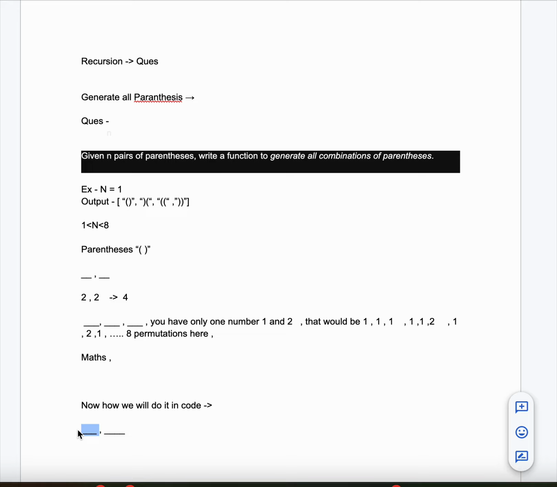So what we will do, the intuition is that we will first put the opening bracket at the first spot, and then we will consider that now we have the opening bracket at the first spot. Now we will think of the options for the second spot.